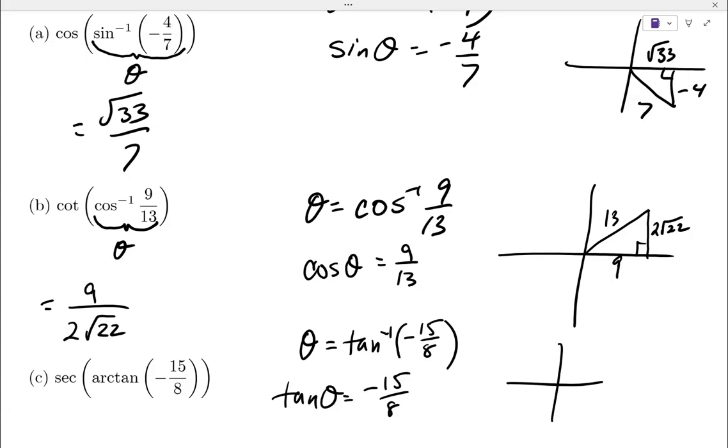So it must be in quadrant 4. So my reference triangle goes down here. What do we label? The opposite is negative 15. So the adjacent is 8. Hypotenuse will be 17.